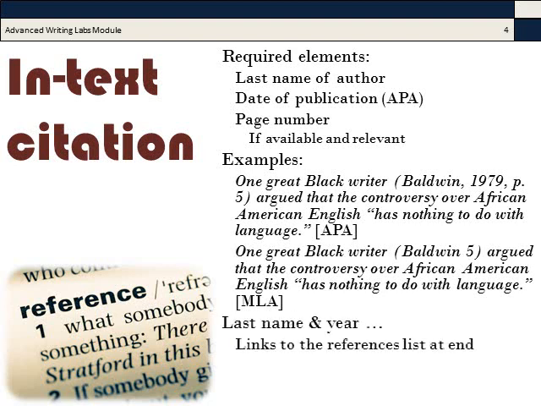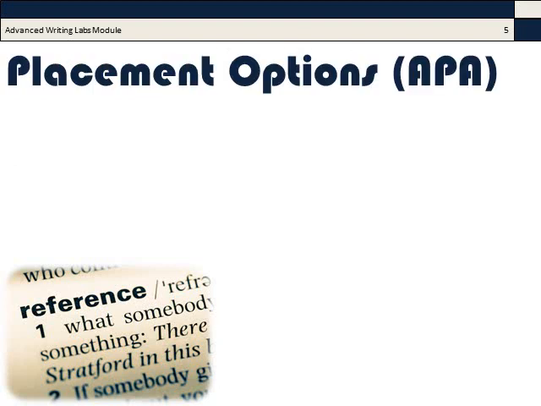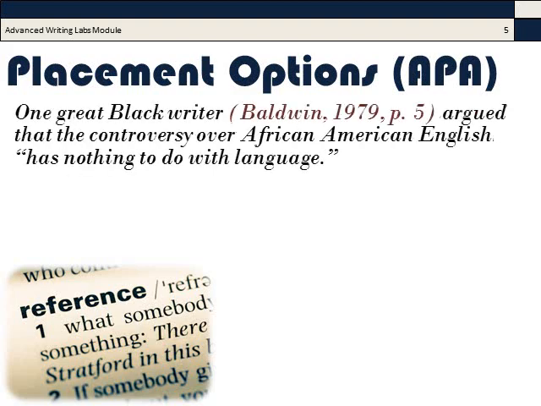Notice that last name and year are the links to the references list at the end of the report. This is where you'll find full bibliographical information. In-text citations are normally found in parentheses, but these can move to various places within a sentence.